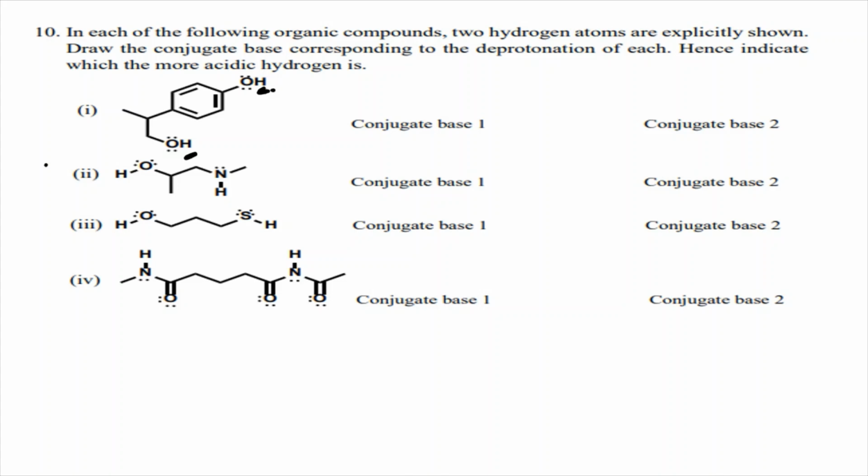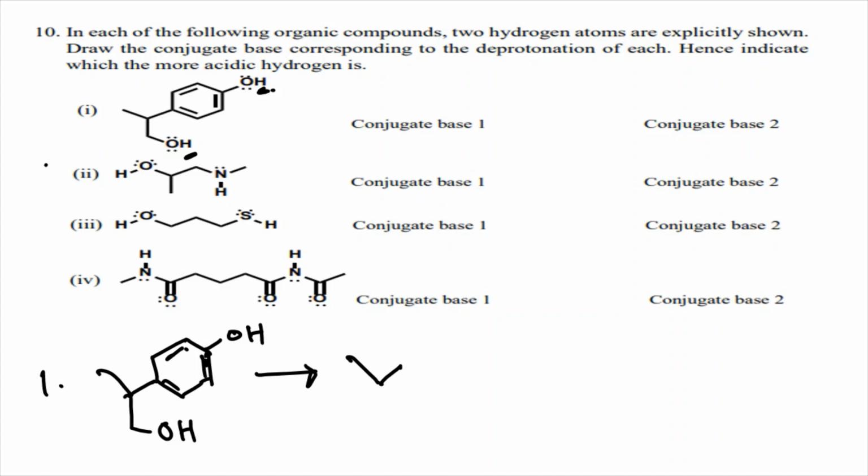If you deprotonate this hydrogen here, in question 1 you're going to have this compound. Okay, so the compound is like this. If you deprotonate it, it will remain like this.